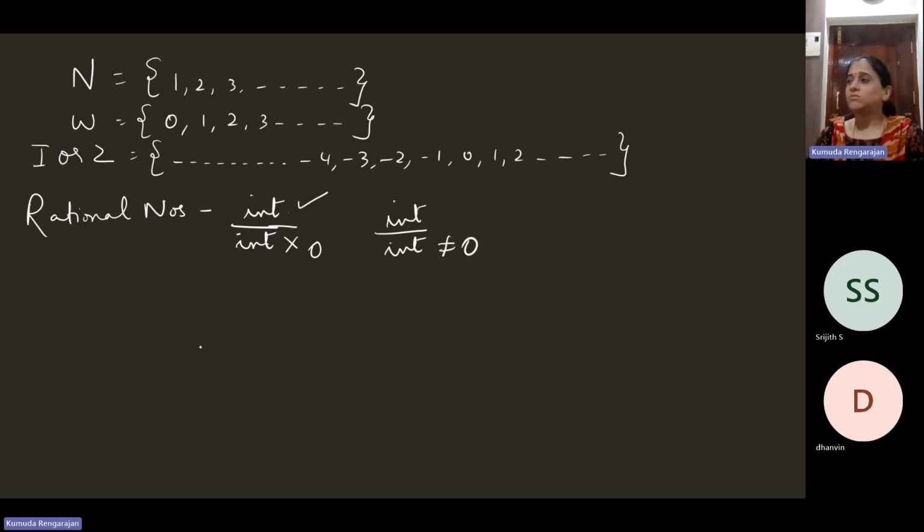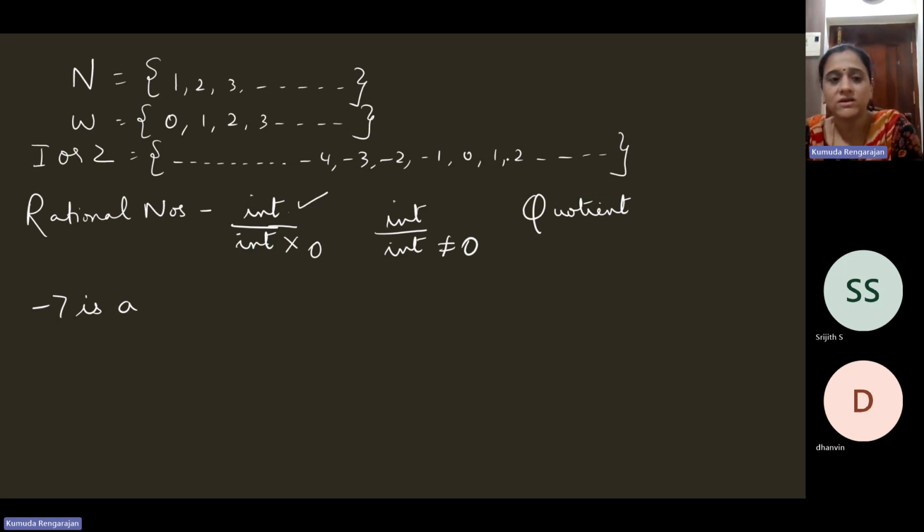Now answer these statements, true or false. -7 is a rational number. Rational numbers are represented by the letter Q, meaning quotient. What is a quotient? When you divide two numbers, the answer is called a quotient.